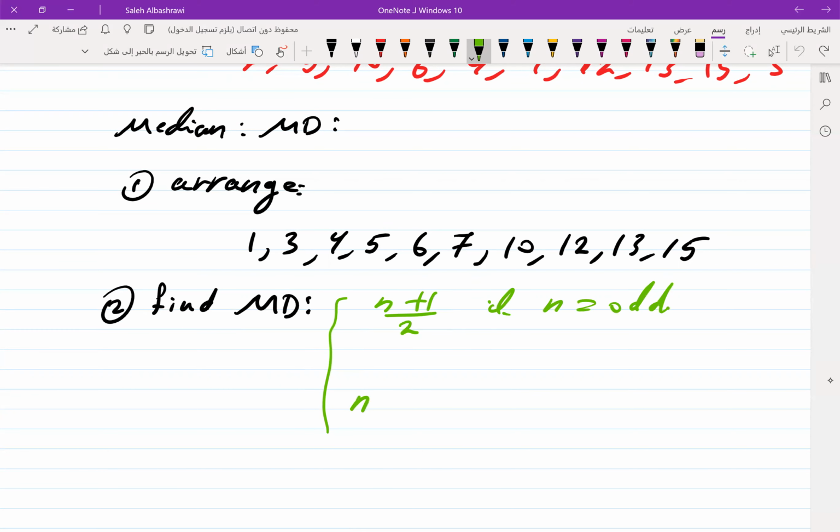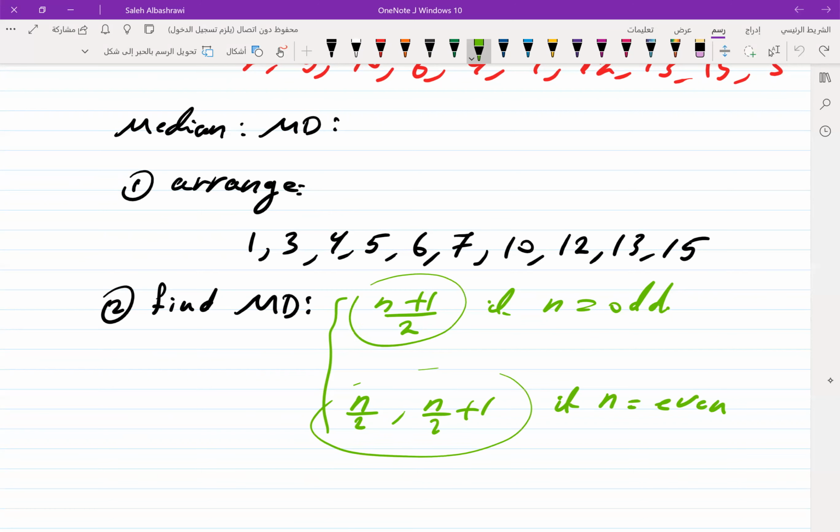It is the average of the positions n over 2 and n over 2 plus 1 if n is even. It is in this position, n plus 1 divided by 2, where n is the number of the values.